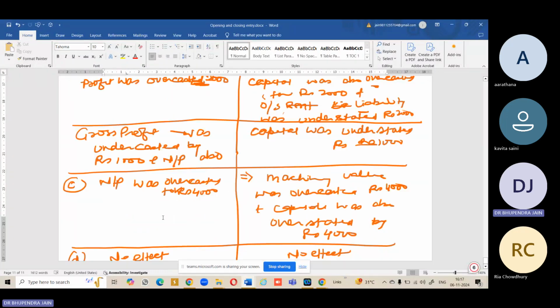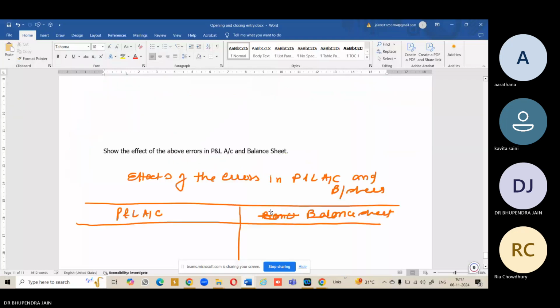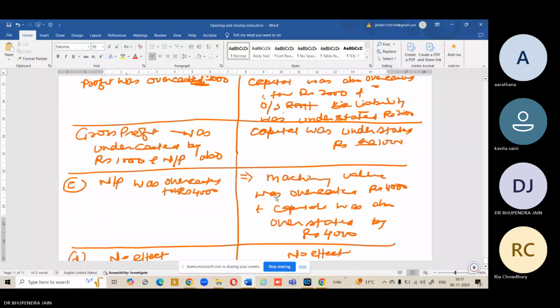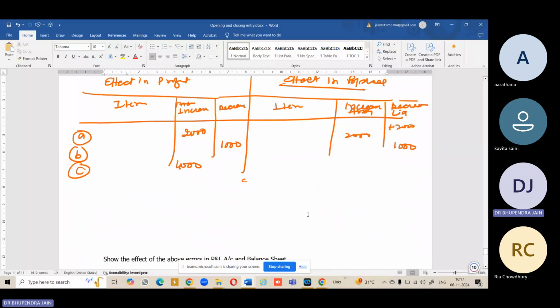Net profit was overcast 4,000, so here we will write 4,000. Machinery overcast 4,000 and the capital overcast 4,000. Machinery balance is debit and capital balance is credit. So here it will be 4,000 and 4,000, because your capital has been increased.